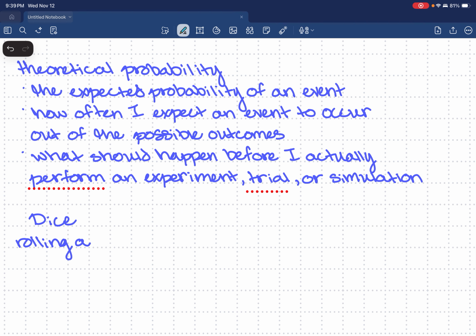Or let's just say rolling a 2. The probability of that: there's only one 2, and there are 6 sides.